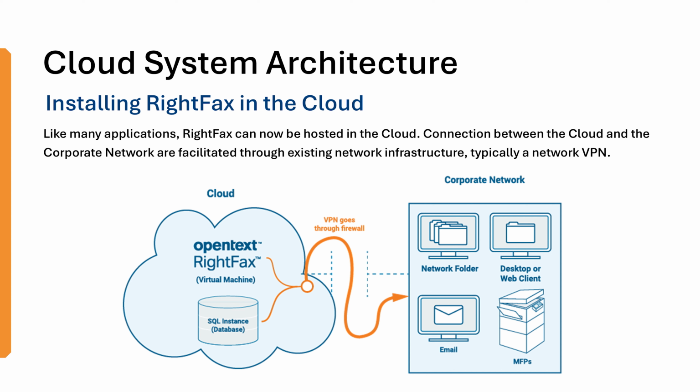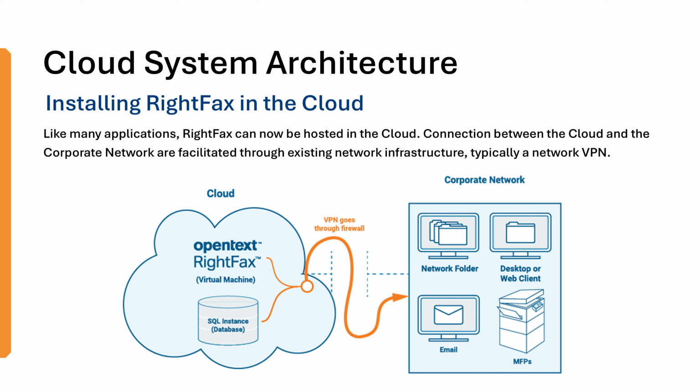Installing RightFax in the cloud, also known as Infrastructure as a Service or IaaS, is pretty straightforward. You'll need a virtual machine to install RightFax, and a SQL managed instance or SQL server for the database. Most organizations have a site-to-site VPN connecting their corporate network to their cloud infrastructure.